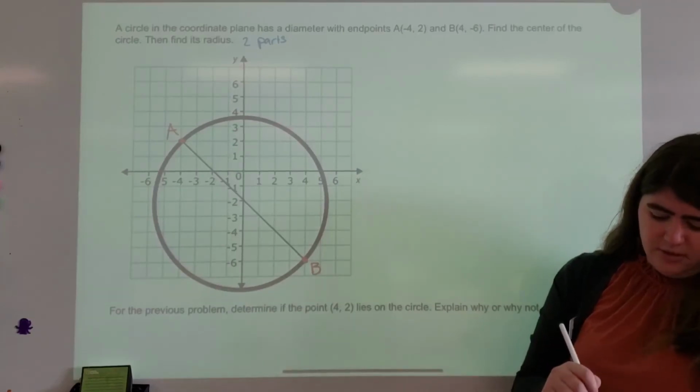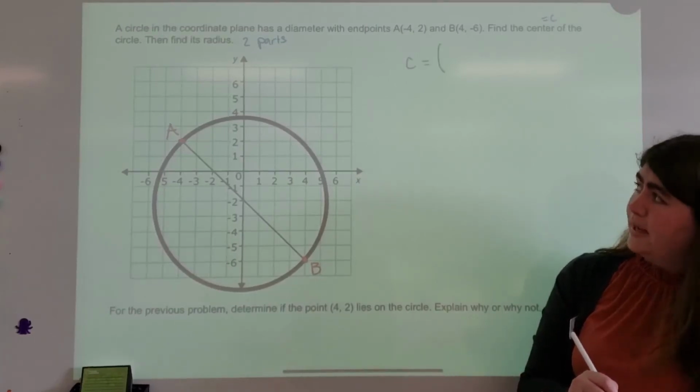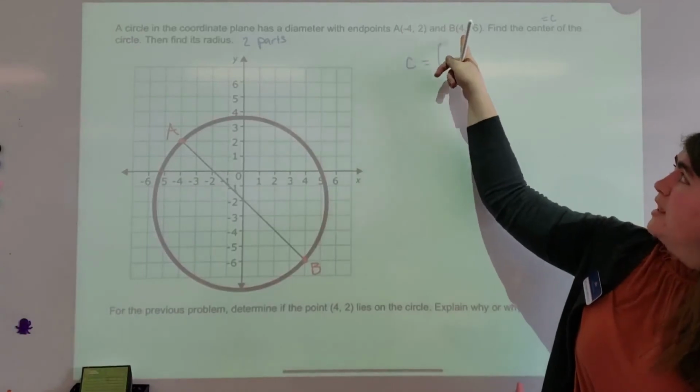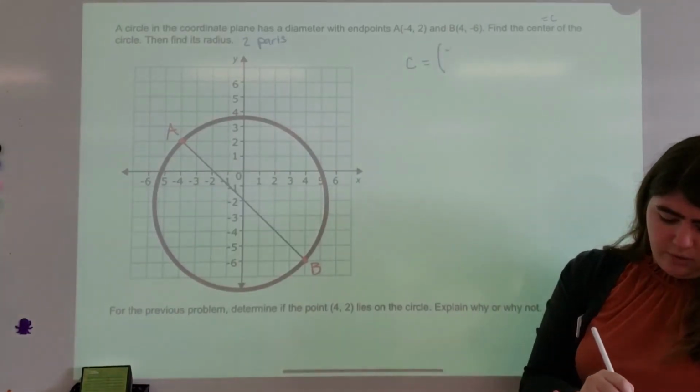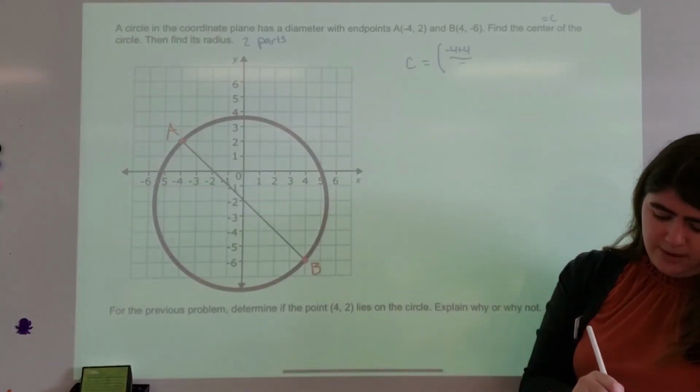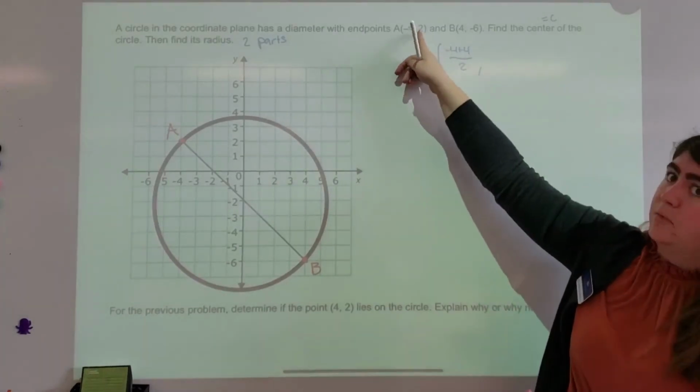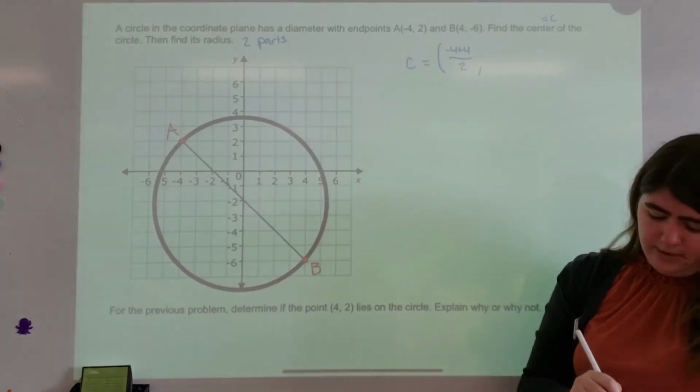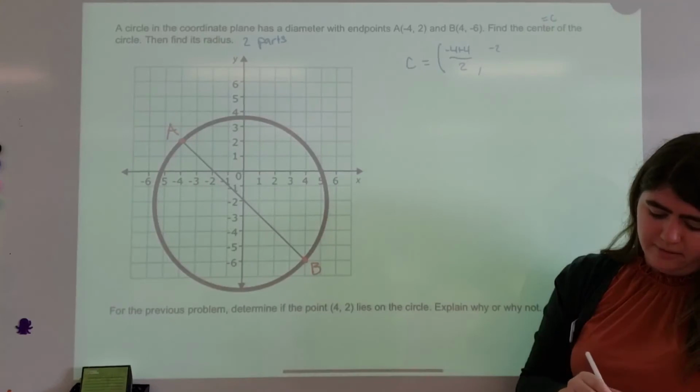So C is equal to my midpoint formula: x1 plus x2, -4 plus 4, divided by 2, and y1 plus y2, 2 plus -6, divided by 2.